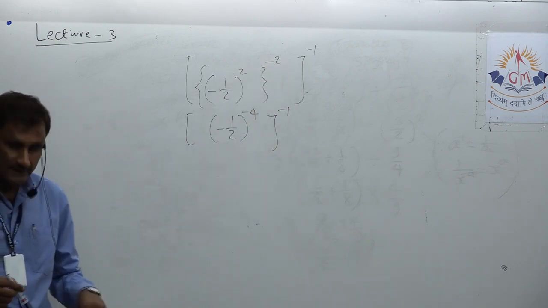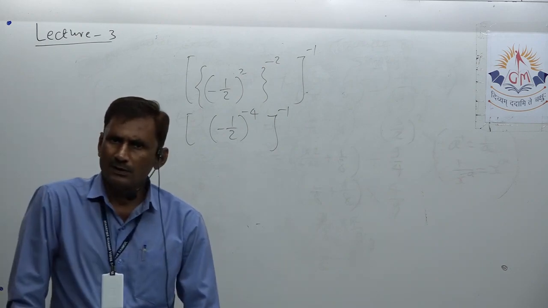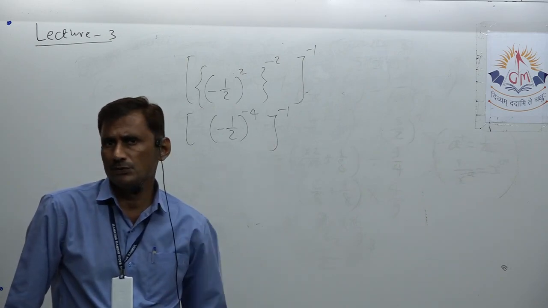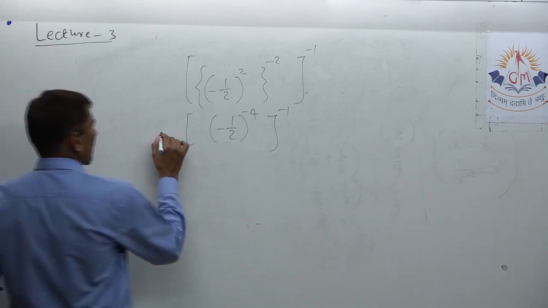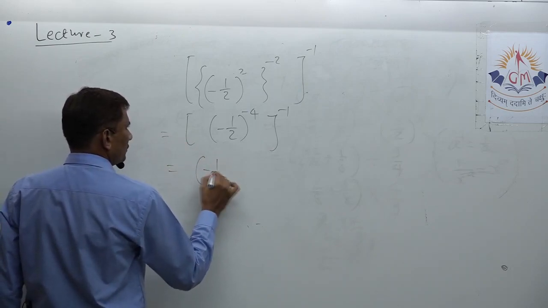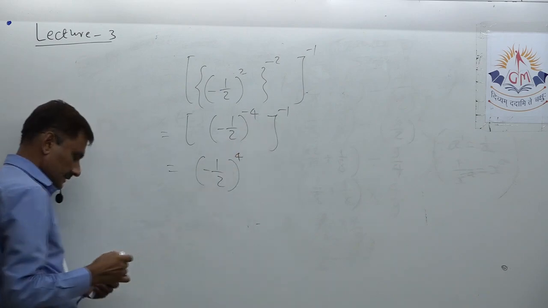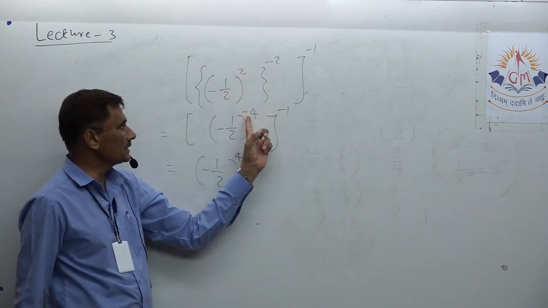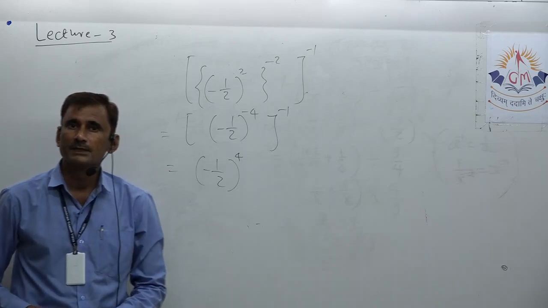Now you may be thinking, sir, if we multiply all of them together, then what's wrong? No problem. You can multiply all of 3 together also, because it is MCQ. Okay. Now it is minus 1 by 2 raised to 4. 2 2s are 4, minus minus plus, then 4 1s are 4, minus minus plus.